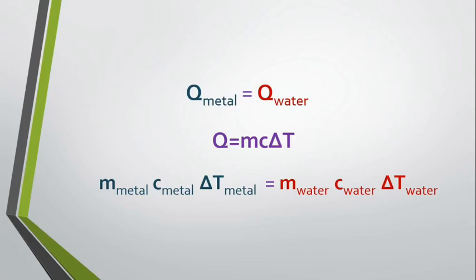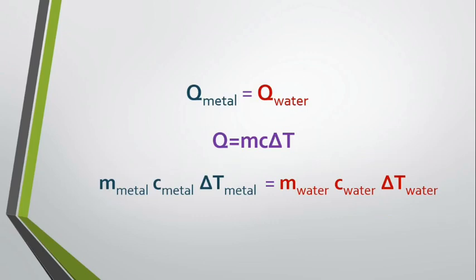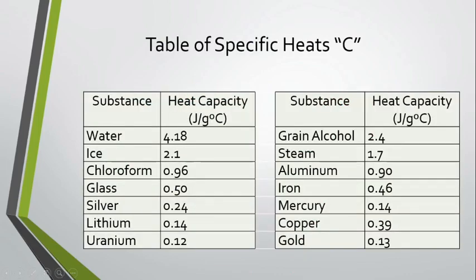And this is what we're going to be using for these heat transfer problems, this kind of big, crazy looking thing here. But what that means for us is it's really easy to solve these problems if we just focus on finding these three variables for each of our substances, and whatever we can't find is what we're looking for. So this is how I start each of my problems.